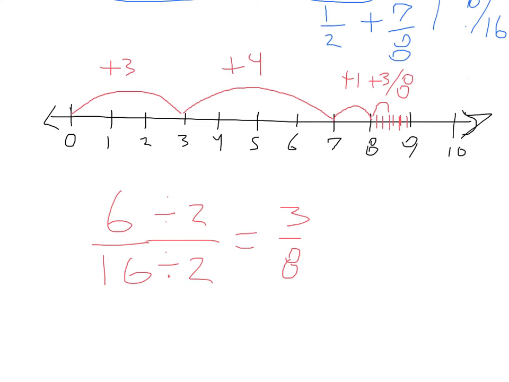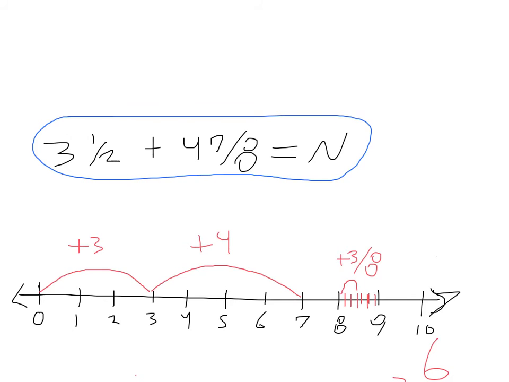And I see here, all together, I've added 3 plus 4 plus 1 plus 3/8. So my answer, I can see on the number line, is 8 3/8. So in this example we found that n equals 8 3/8.